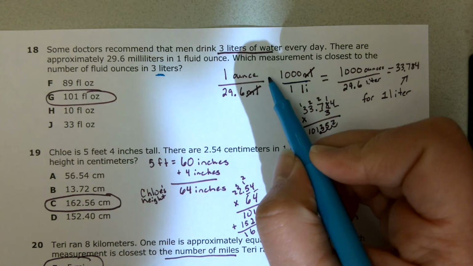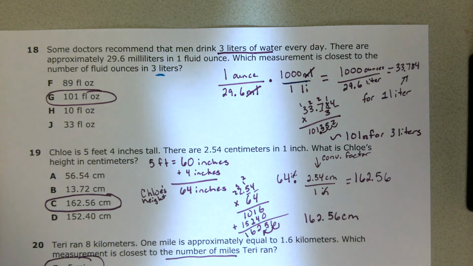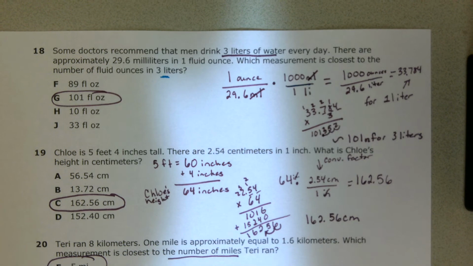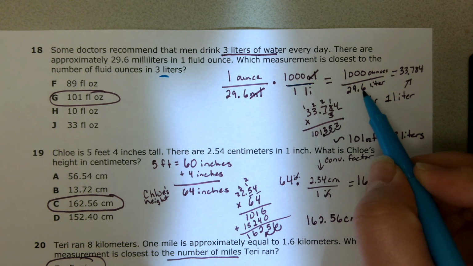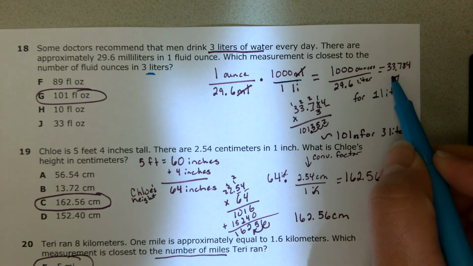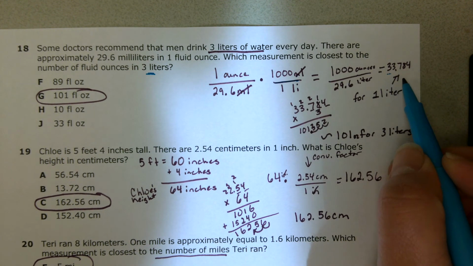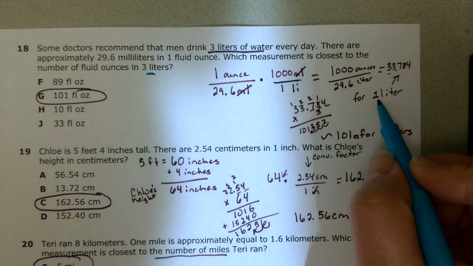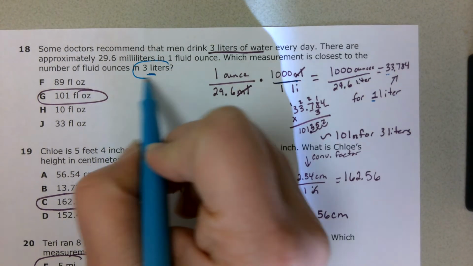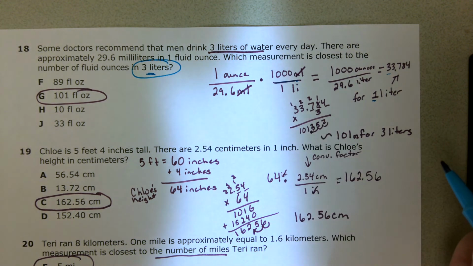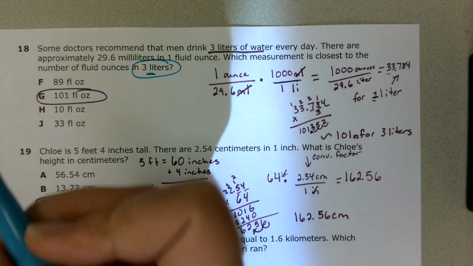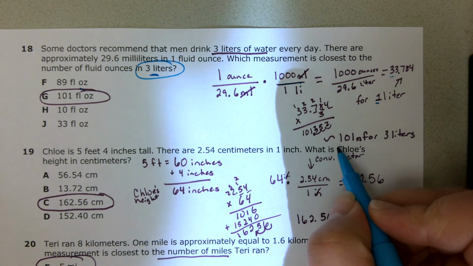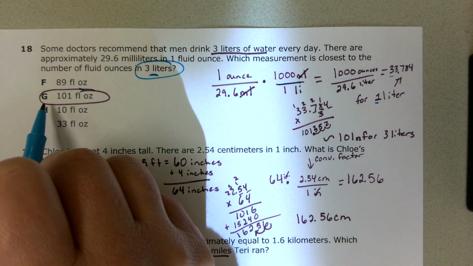When I do that, I'm going to have 1,000 divided by 29.6. And when I divide that, I'm going to find out that it's 33.784 for 1 liter. So if that's for 1 liter, we need to find out how many are in 3 liters. All I did was multiply by 3, and I got 101.352. So we're at approximately 101 fluid ounces for 3 liters.